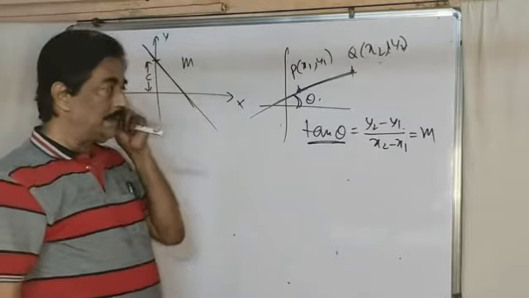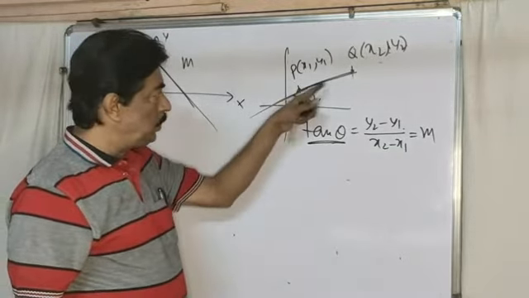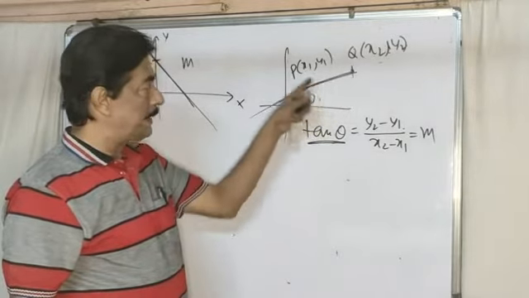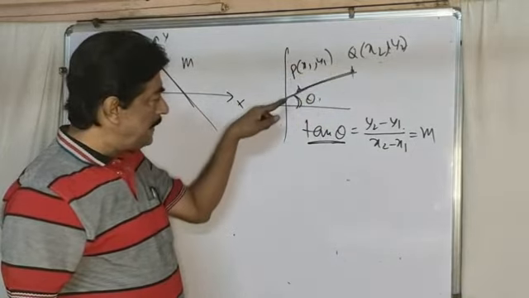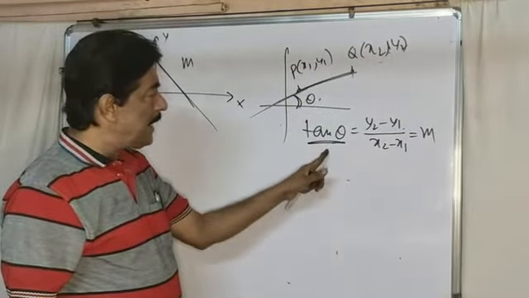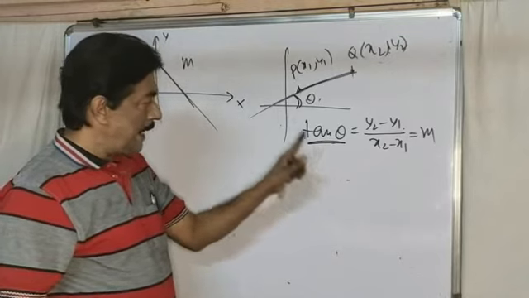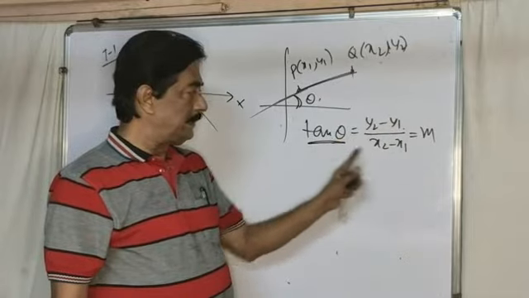Tan of that angle of inclination is the gradient of the line, and that is equal to m.